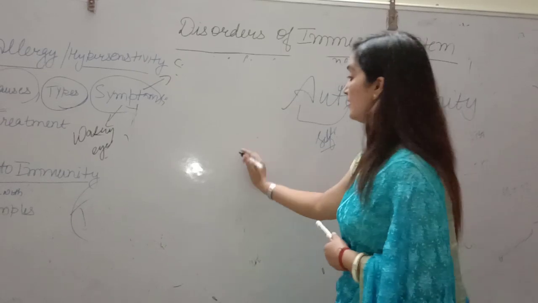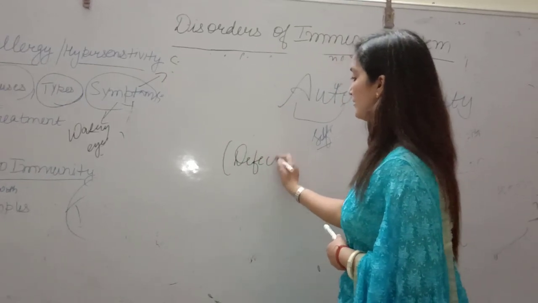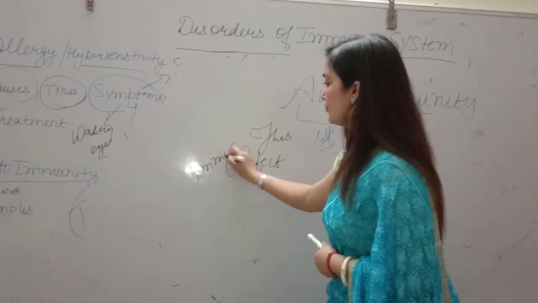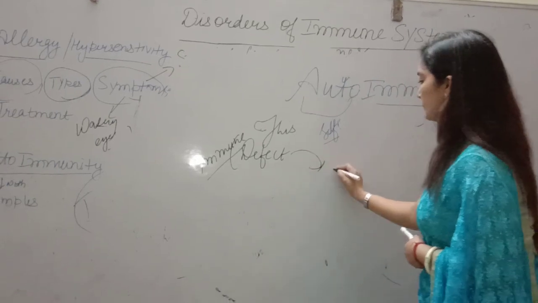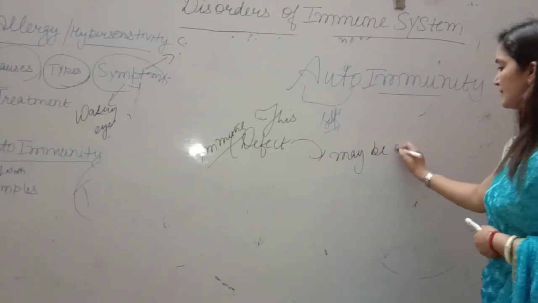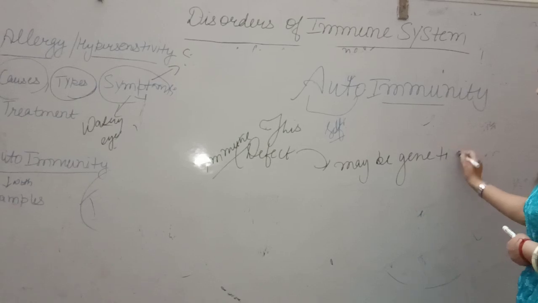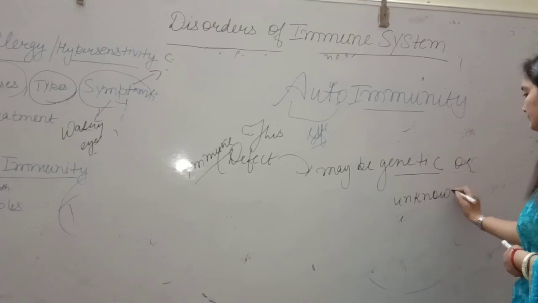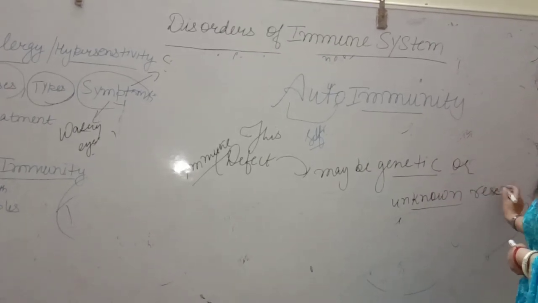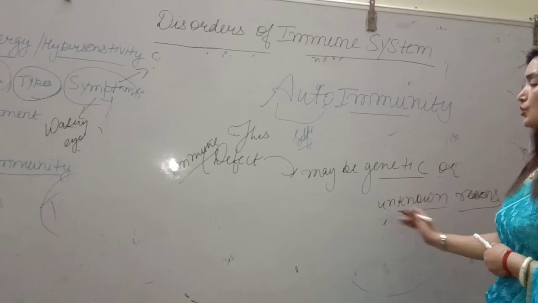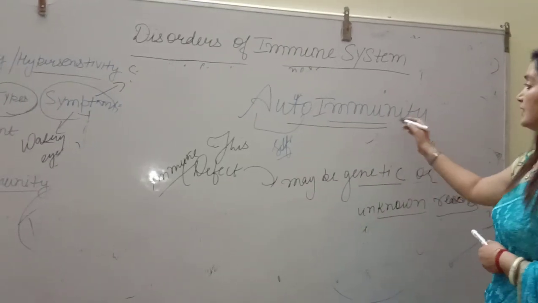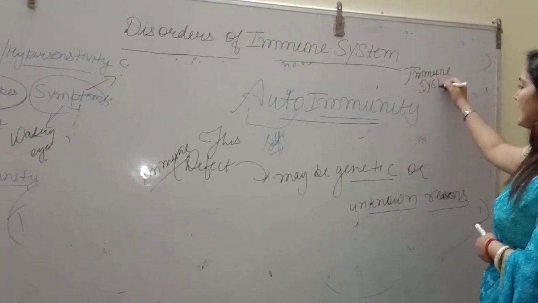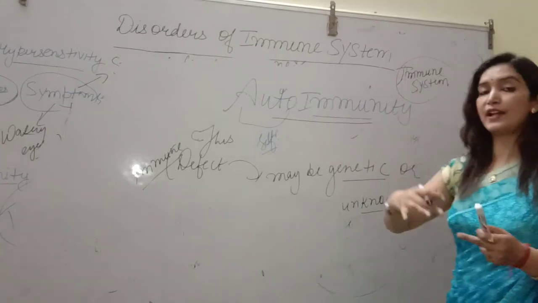This is an immune defect which may be genetic, or there may be unknown reasons. Students, a very important point here: the immune system has an ability to recognize self and non-self.